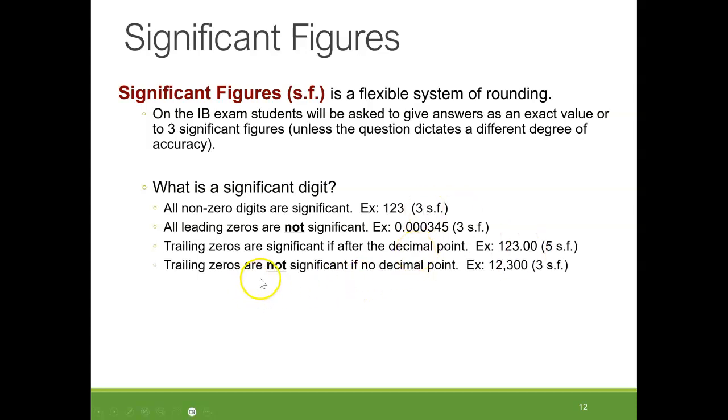And then sandwiched zeros are always significant. So if you have 1, 0, 0, 0, 0, 1, all those zeros in between the 2 significant digits are always significant. Does everybody feel comfortable with this?